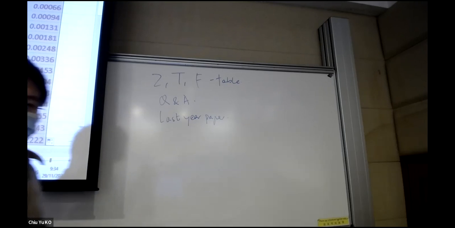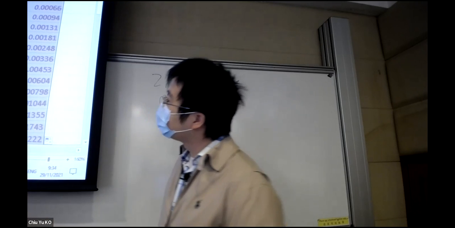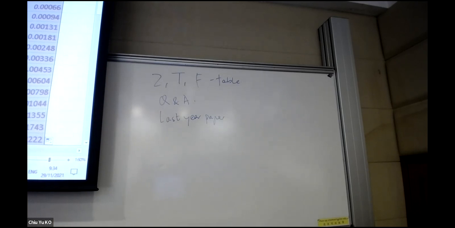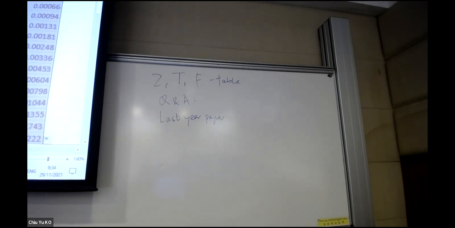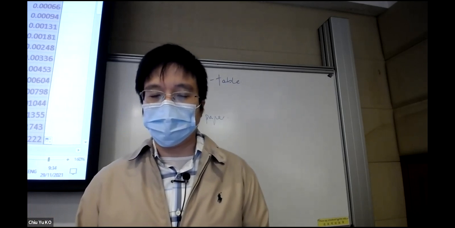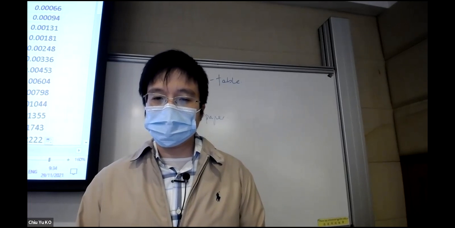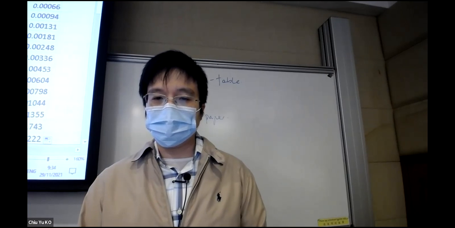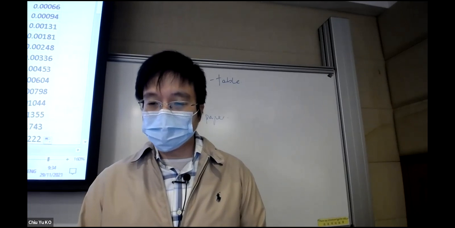This is the Z table. And some of you may ask, this table already actually tells you the other thing you call Z inverse, because this is area. So if you want to find the inverse, you go back. So if you want, say, the probability that is 5%, you go to 5%.